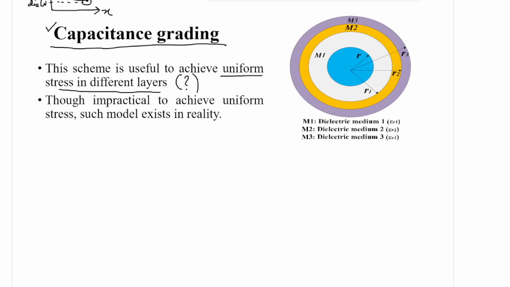It is good, you can do a nice expression on pen and paper. However, this is impractical, very hard. Practically, it is very hard to achieve such cases, though such type of model really exists.